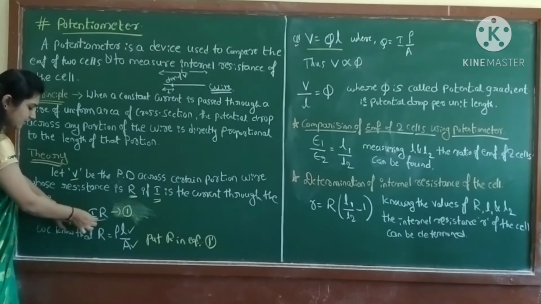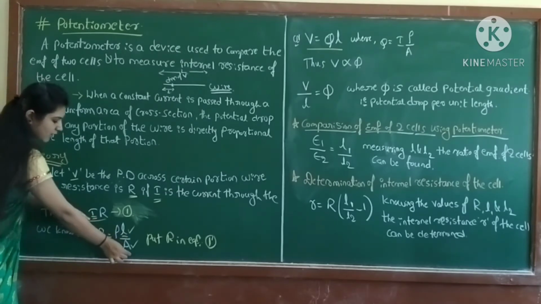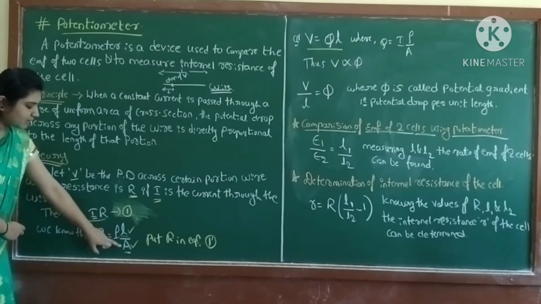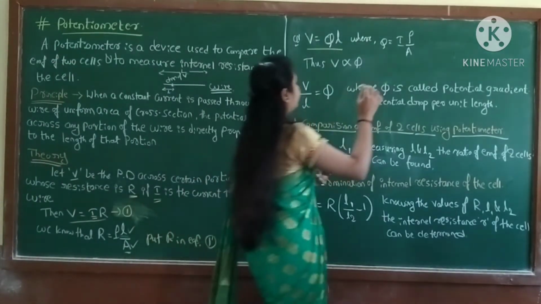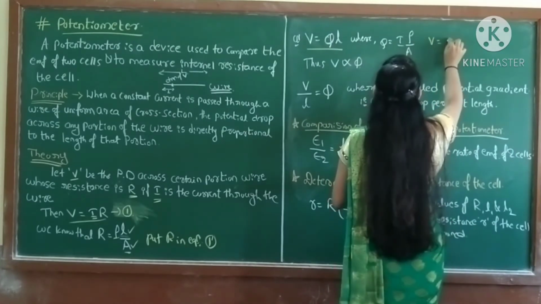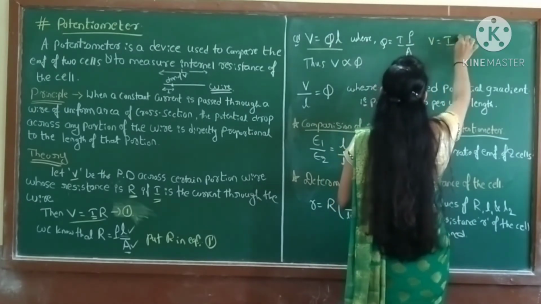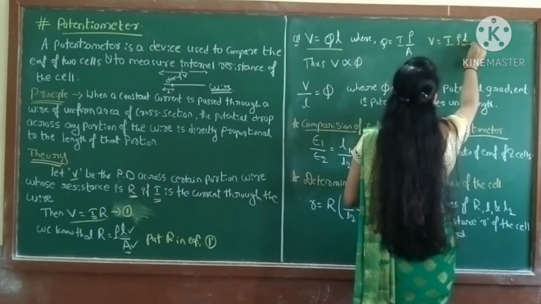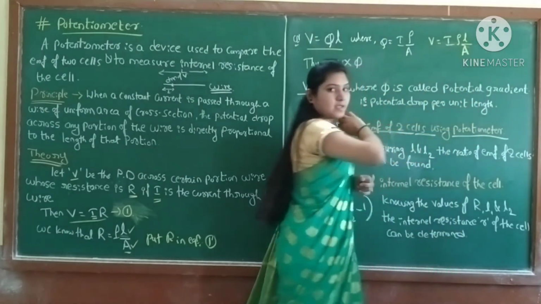What is it? This I, rho, and A, all the terms here. This I will write. What is V? V is equal to I into R. R is how much? Rho into L by A. Yes.